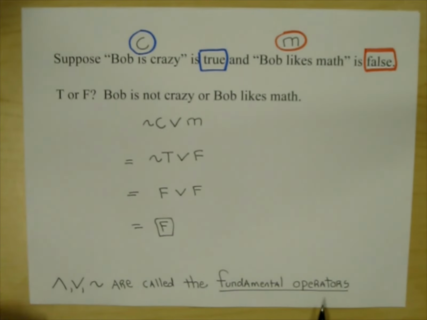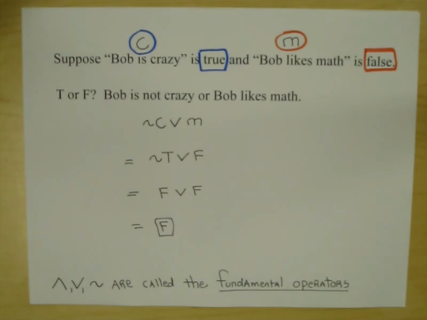That means there's other operators like if, then, either, or, because, since. All the other operators can be built using these 3 guys. It's like these are your building blocks, and they can build anything from logic. So that's why we are spending a whole section learning the truth values of those guys, because they really build everything else.